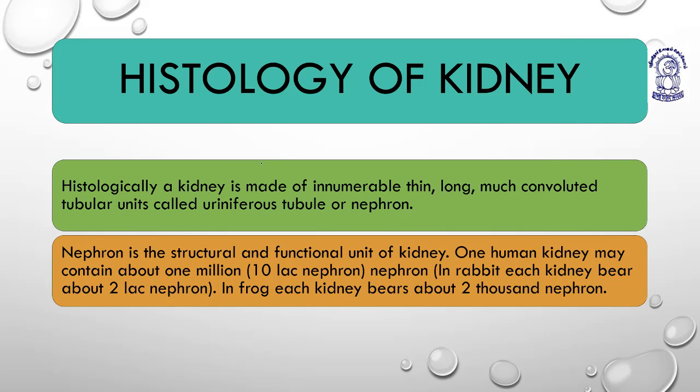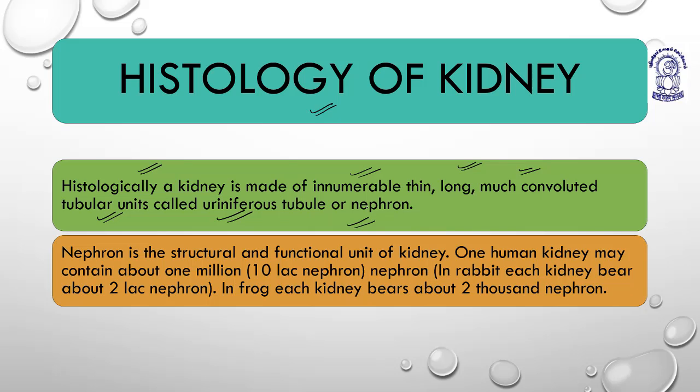Now comes the histology of kidney. Histology is the study of tissue. So histologically, a kidney is made up of innumerable thin, long, much convoluted tubular units called urinary tubules or nephrons.